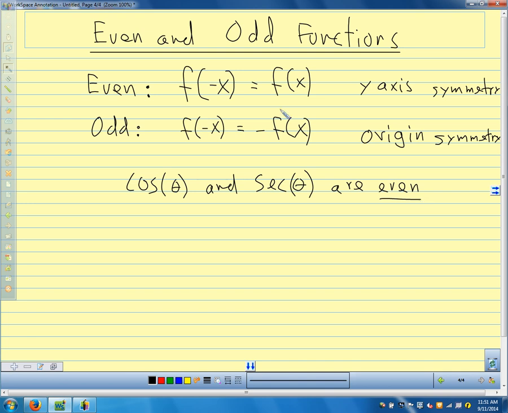So this is true about cosine and secant. So what that means is the cosine of negative theta equals the cosine of theta, and the secant of negative theta equals the secant of theta.